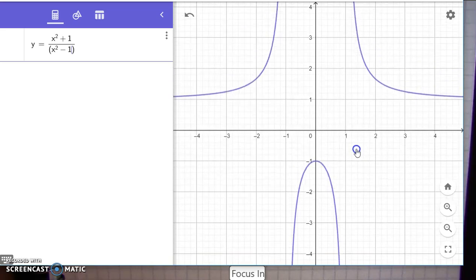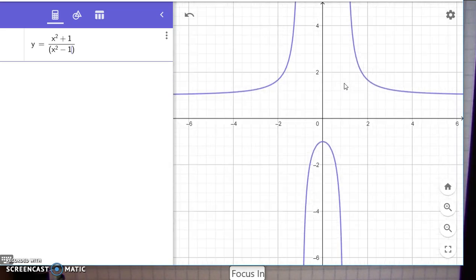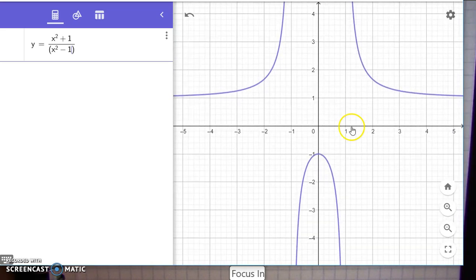So looking at this, we would say there's no limit as x approaches 1, again, because they don't go to the same value, right? However, as x approaches 1 from the left, that's probably -infinity. As x approaches 1 from the right, that's probably positive infinity.